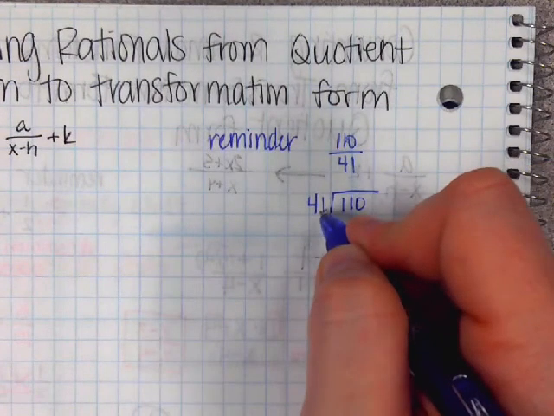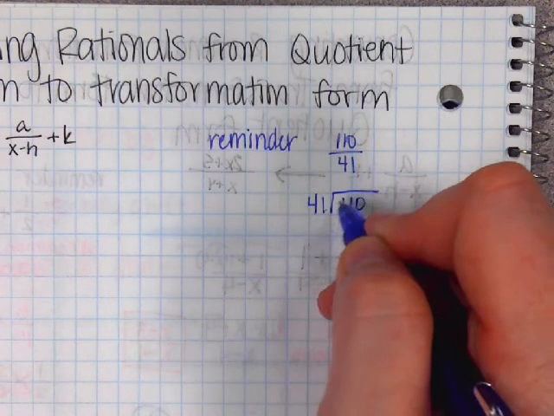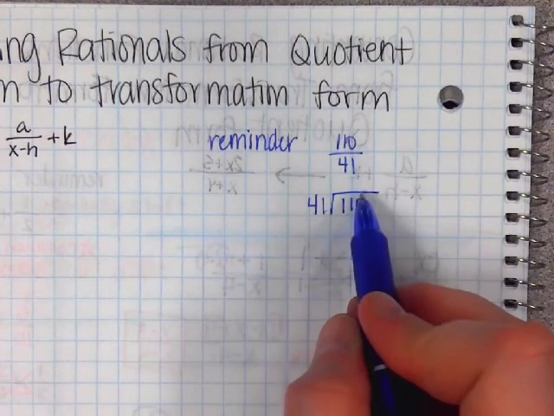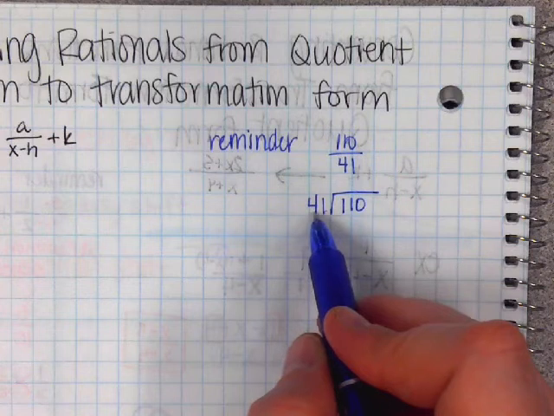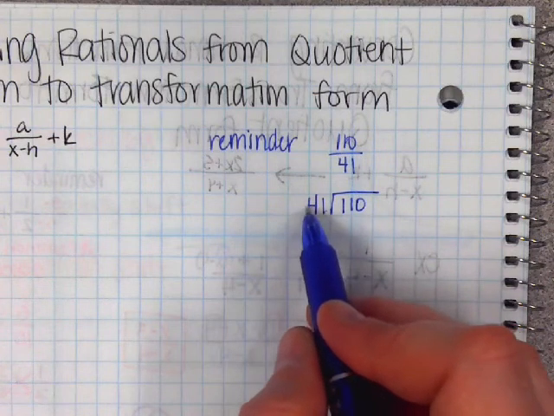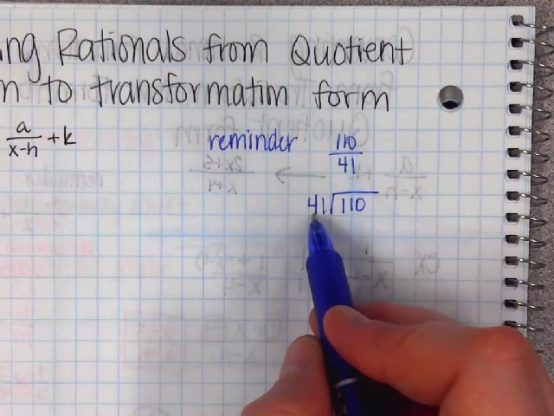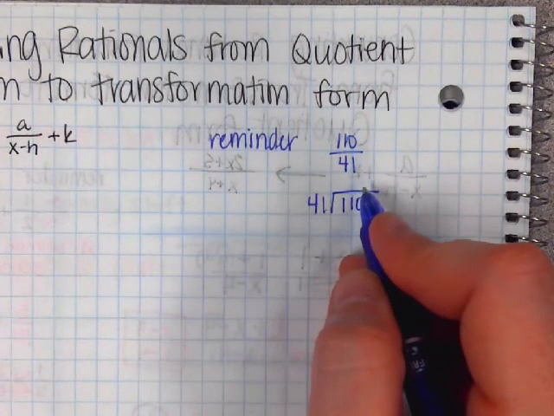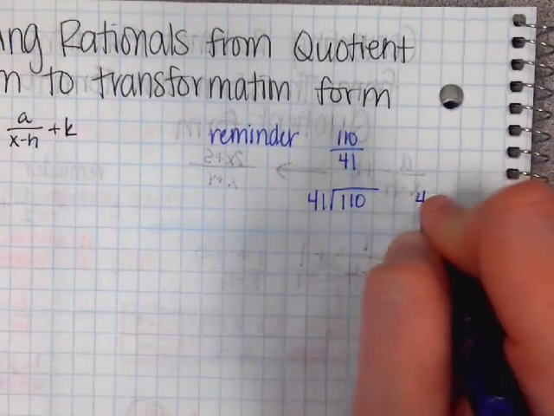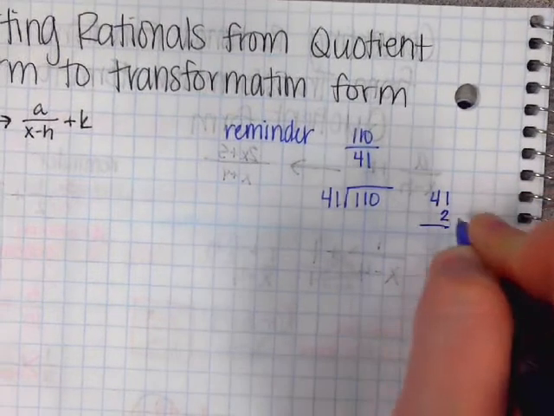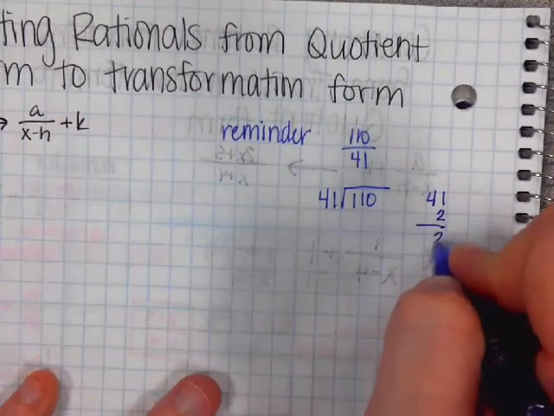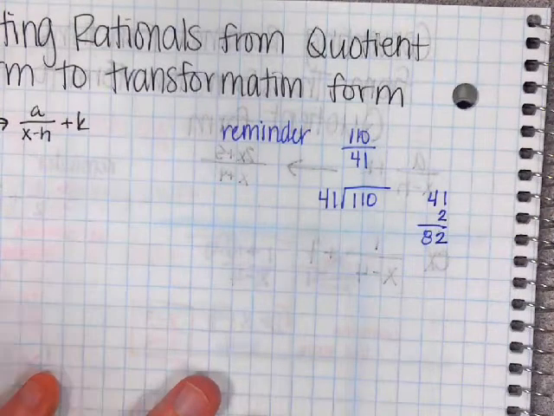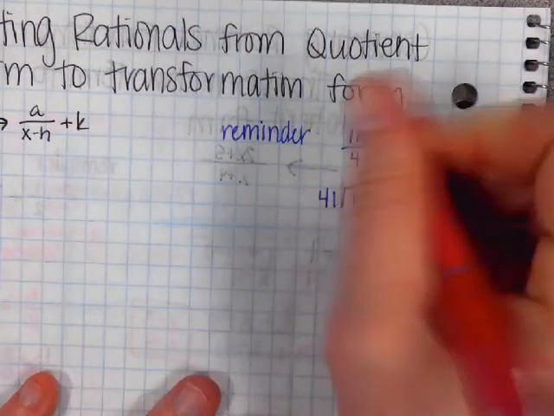So 40 times 2 would be 80. 40 times 3 would be 120, so we know it can't be 3. Even though 41 is just a little bit bigger than 40, I just use easy numbers that are close. So 41 times 2 is probably going to do it. Let's see, 41 times 2. 2 times 1 is 2. 2 times 4 is 8. So it would be 82. Yeah, that is probably it.